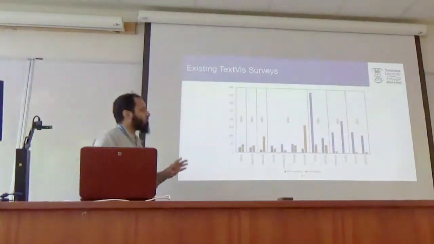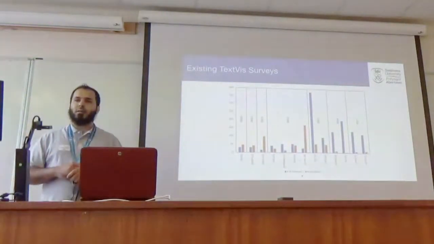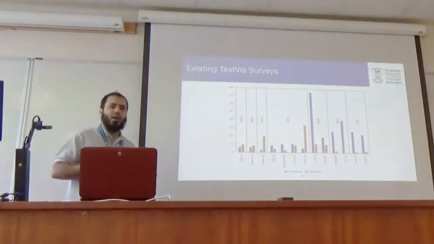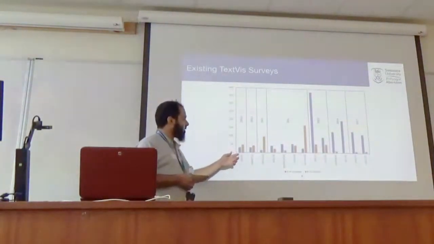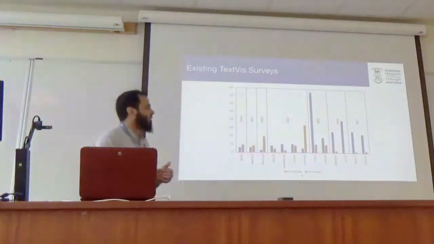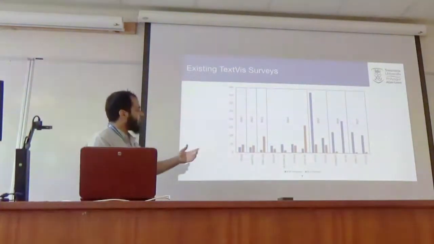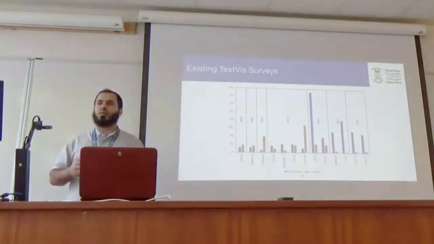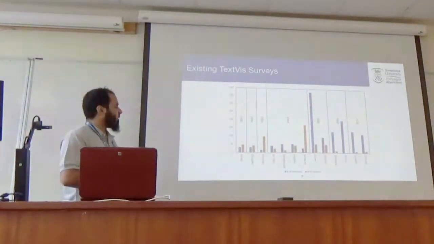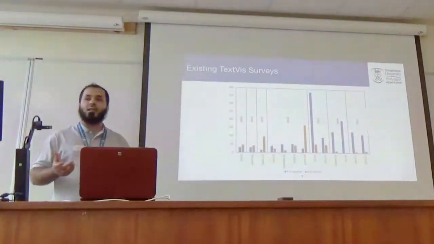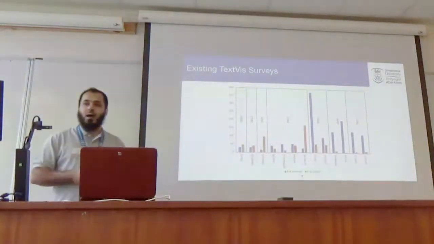In this graph, we plot the existing surveys. The first survey, as I said, was published in 2010, and the last one was last year, 2017. The blue bar represents the number of methods that the survey includes, and the orange bar represents the number of citations that the survey attracts.